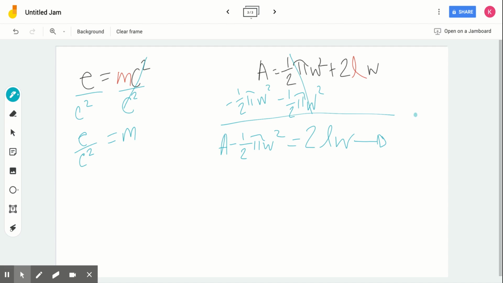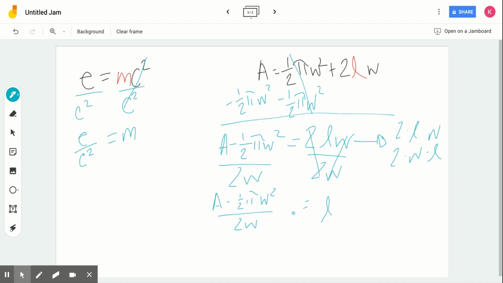So multiplying these could be 2 times L times W, or it could be 2 times W times L. When we think about it this way, we can see that if we divide by 2W on each side, that is going to leave us with the L by itself. So here we're going to have A minus 1/2 pi W squared over 2W equals L.